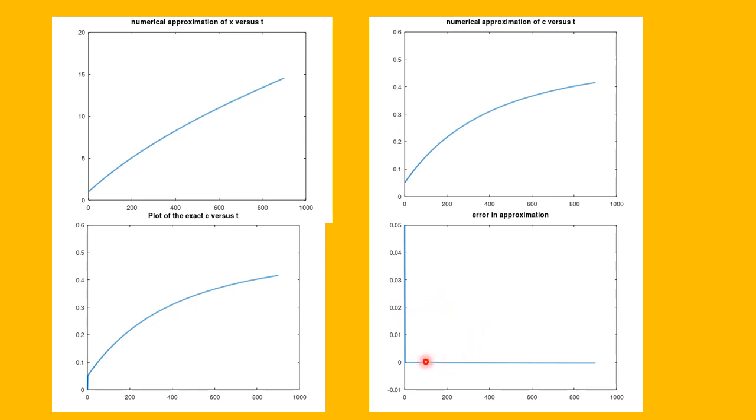The error in the approximation is this line, which looks pretty horizontal with a value very close to 0. So the results from our simulation were very close to the results of our solution to the differential equation.